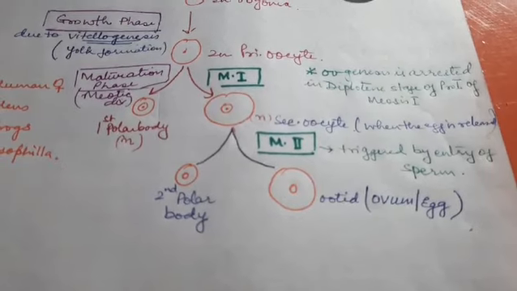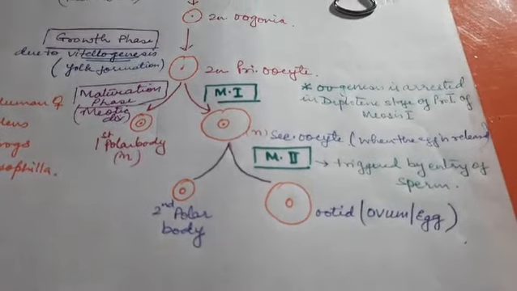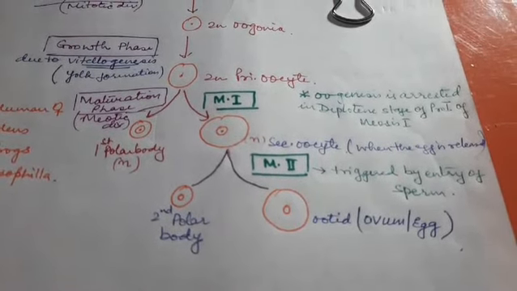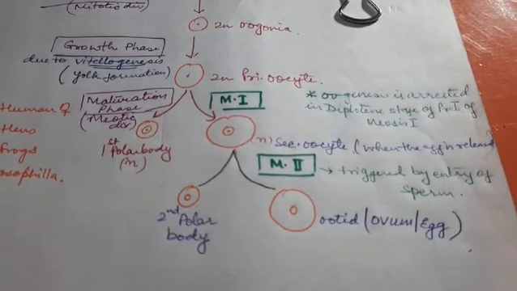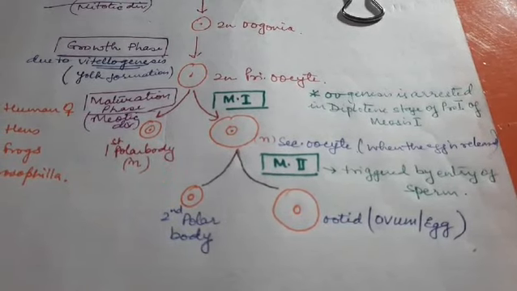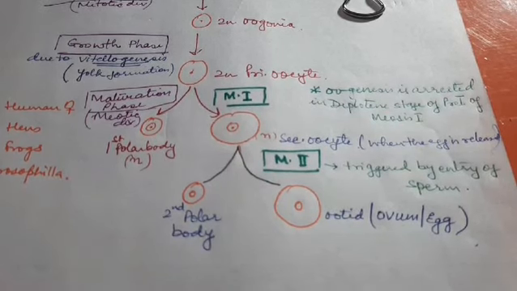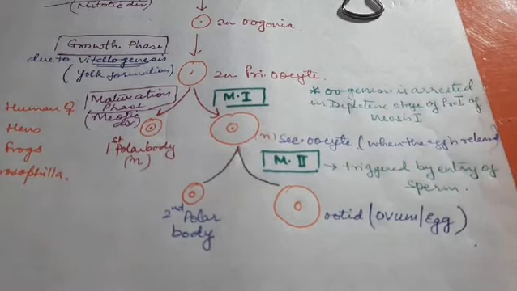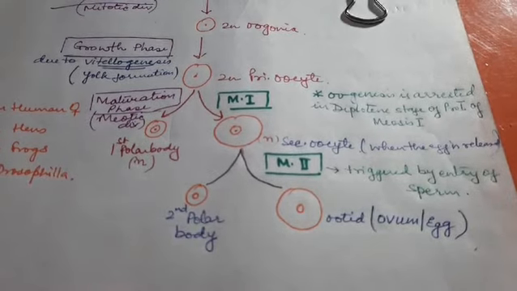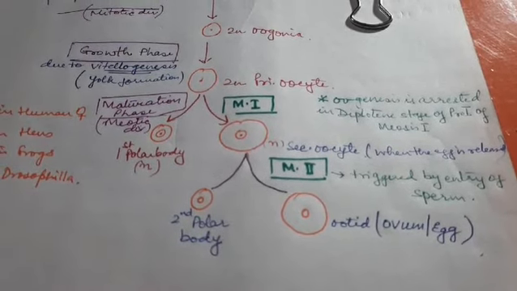The first polar body degenerates. In some cases it divides. If it divides, it further forms two polar bodies. Secondary oocyte undergoes meiosis 2. Again the cytoplasm should be retained with one cell. So one cell will be bigger and the other cell will be tiny.